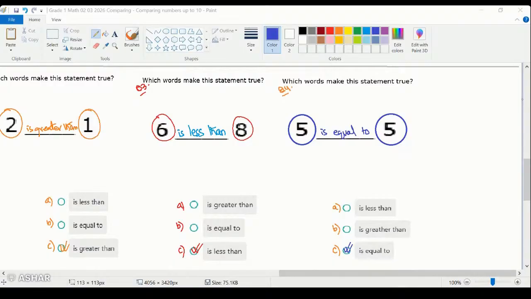Let's have a look at the next question. For the next question, they're saying which word makes the statement true? Question number 5.